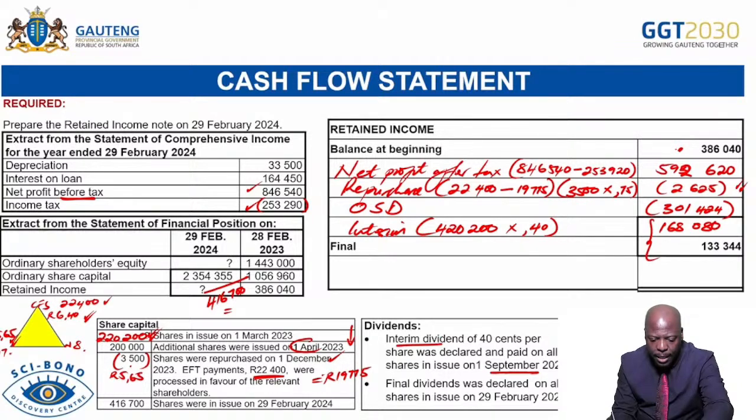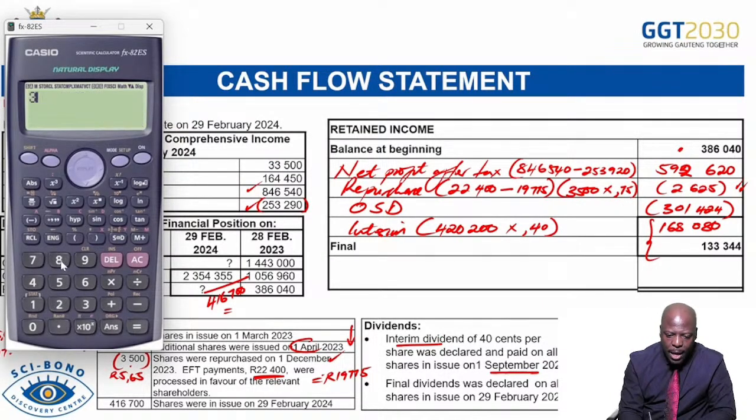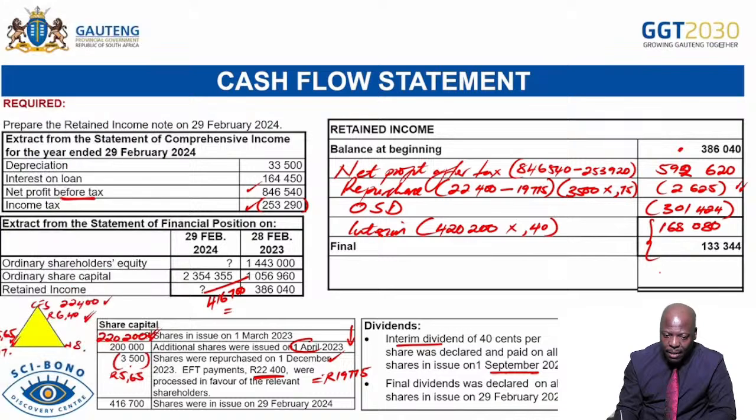On your calculator, it is 386,040, and then we add 592,620, and then I subtract my 2,625, and then I subtract again my 301,424, and in total it will give me 674,611. That becomes my retained income balance at the end.